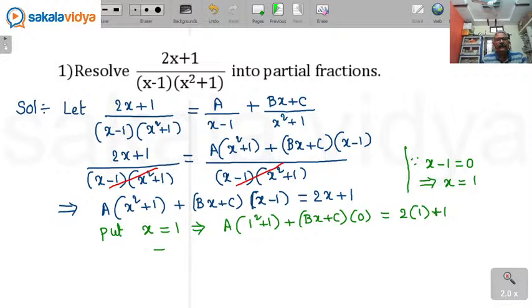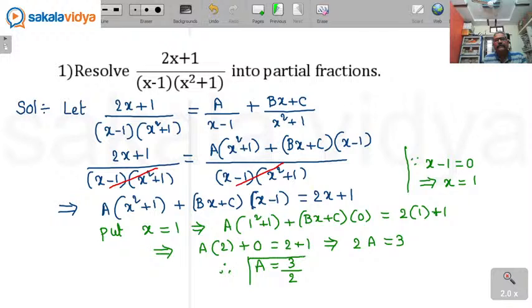So a times (1 square is 1, plus 1) is 2, plus 0, equal to 2 plus 1. So 2a equals to 3. Therefore we have a equals to 3 upon 2. The a value has been obtained. It's clear.